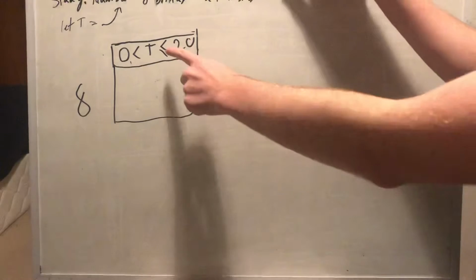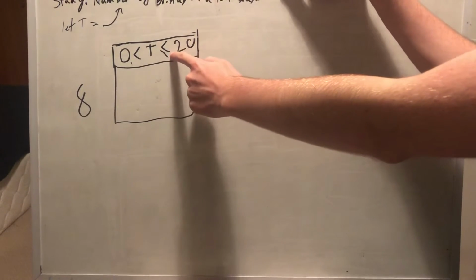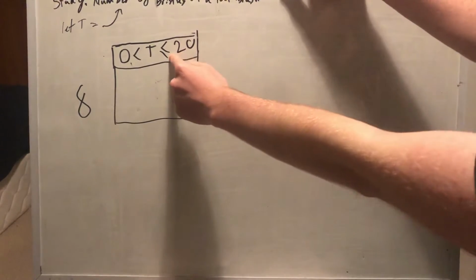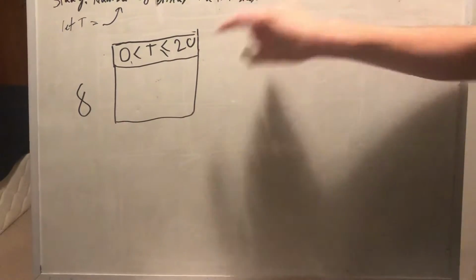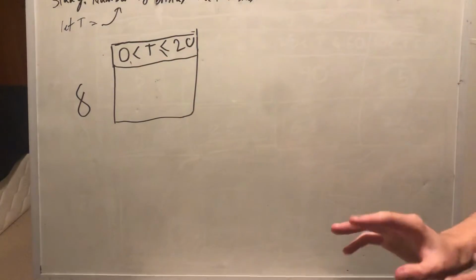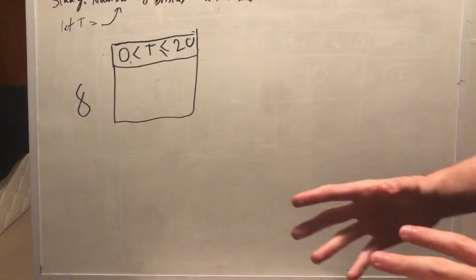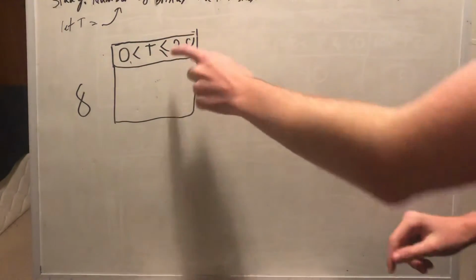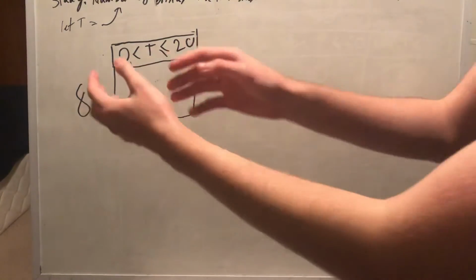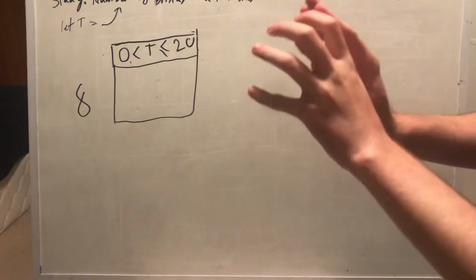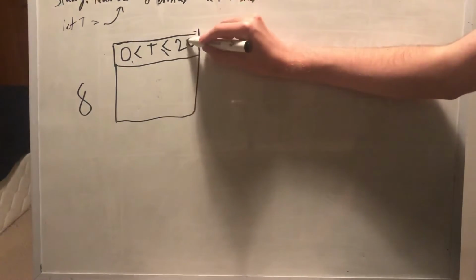Now, let's talk about this equals sign, the less than or equal sign. Why is it on this side? Because it could be on either side. Well, we're not going to realistically find a toothbrush that has no bristles on it. So we put it on this side to say it's definitely greater than 0, but it could also equal 20.